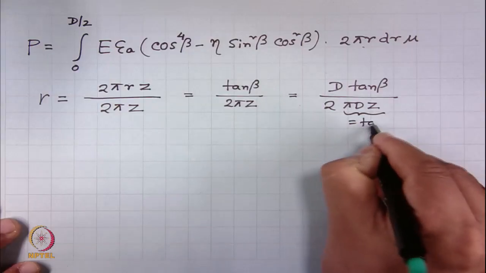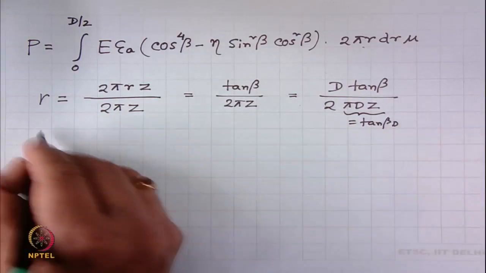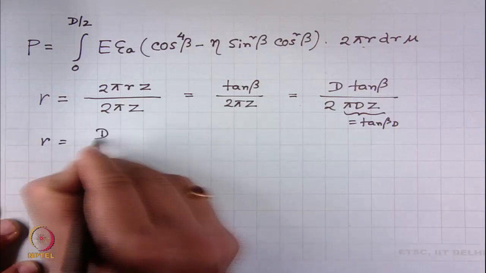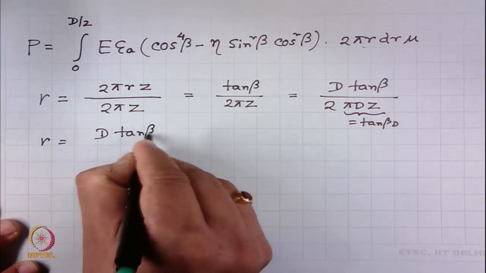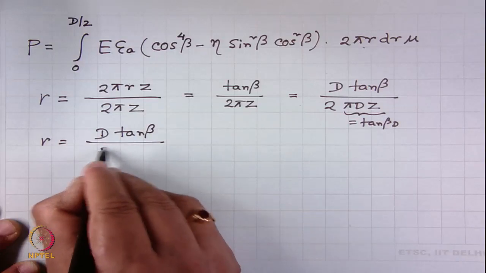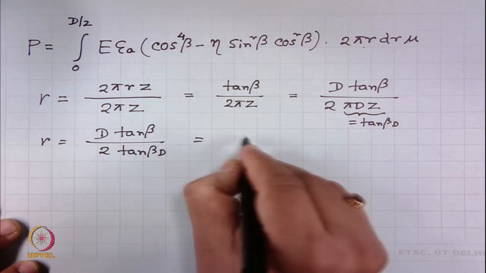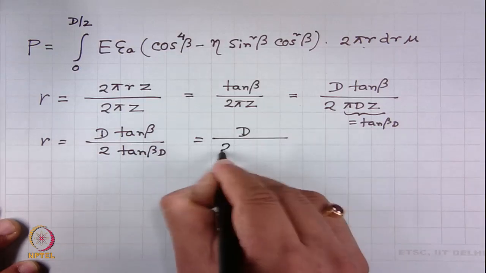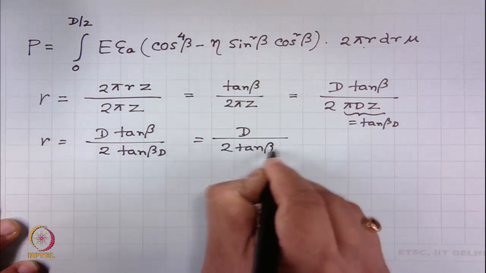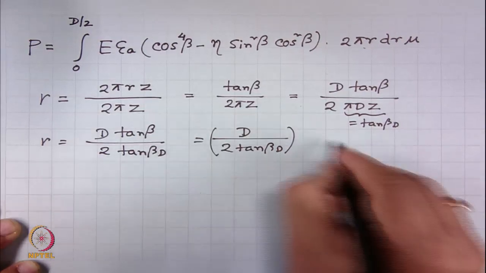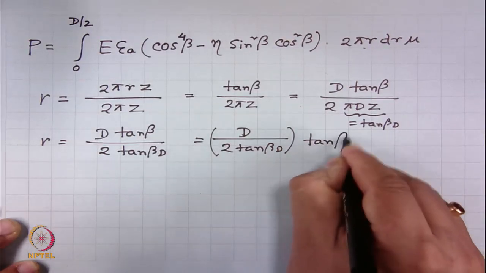Tangent beta D. So, r becomes D tan beta by 2 beta D. Now, this D by 2 times tangent beta D is a constant, tangent beta.